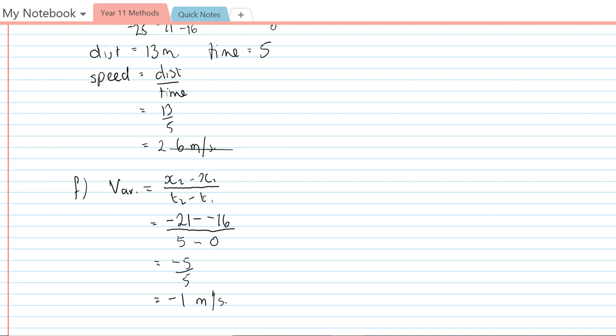So we can calculate average velocity using this rule here. In the same way, we can calculate average acceleration. If questions come up about that, then that would be the change in velocity divided by the change in time.